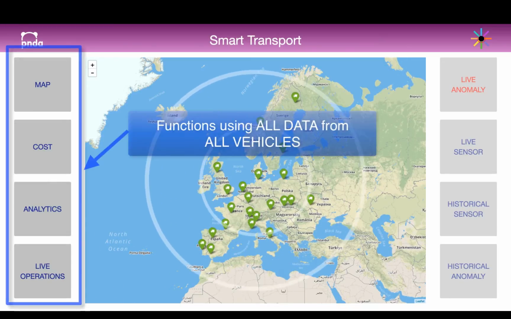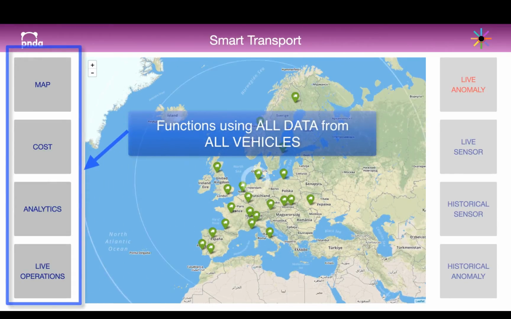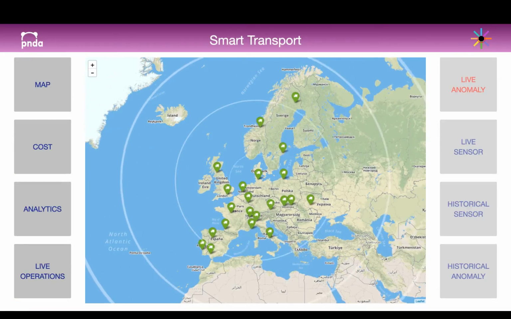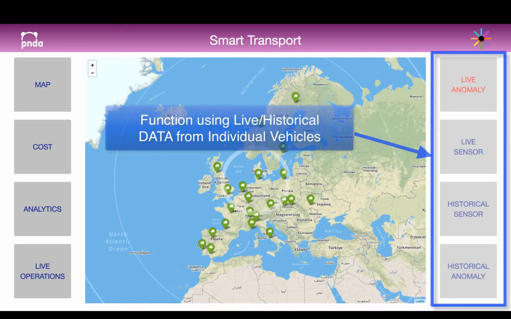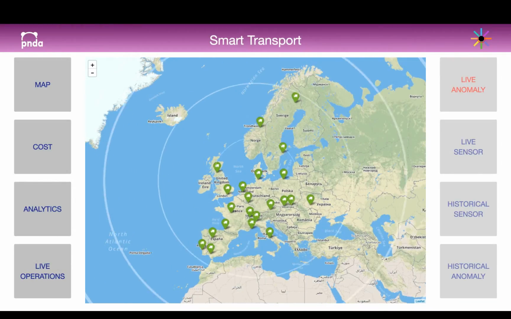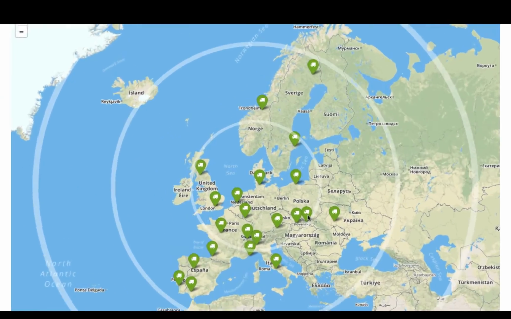On the left, we have a set of functions that considers all of the data ingested by the system from all of the vehicles. On the right, we have a set of functions focused on each individual vehicle, both for anomalies and sensor data.